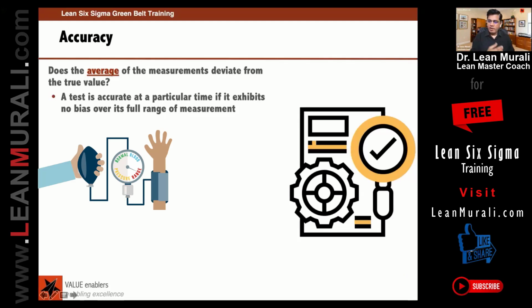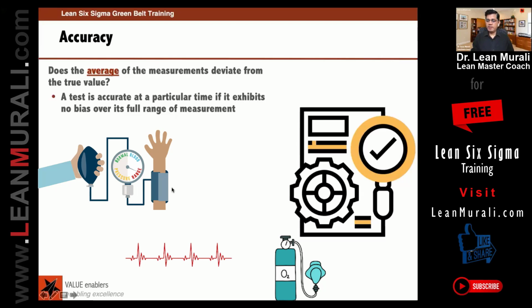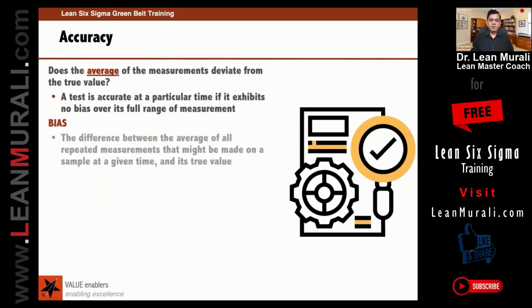BP range, even an oximeter, whatever you take, maybe it will not represent the true value. There will always be some bias. Heartbeat, plus or minus. So the bias is the difference between the average of all the repeated measurements on a sample and its true value.